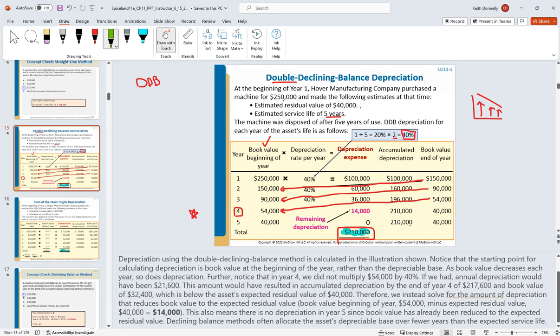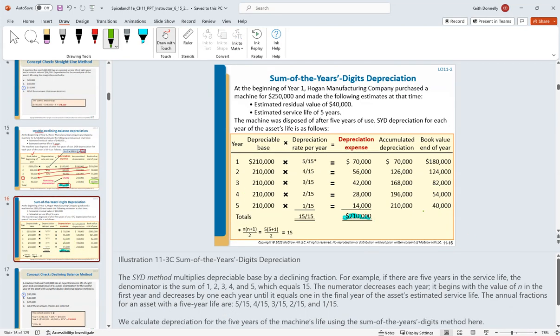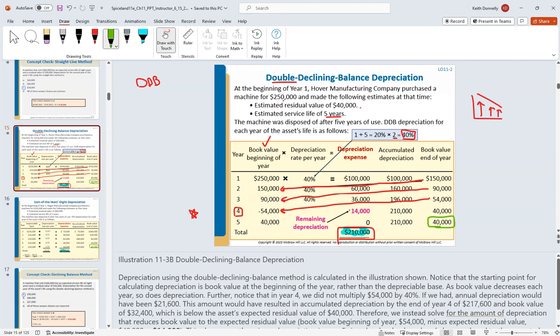Another thing you could say is, we ultimately have to land at 40 at the end, because that's the residual value. Essentially here, if we ran the numbers, it would have put us below 40. Can't do that.